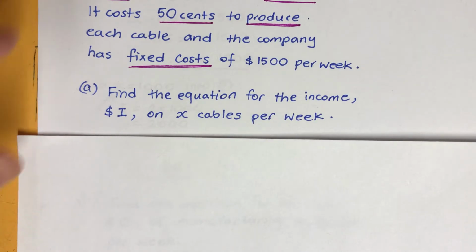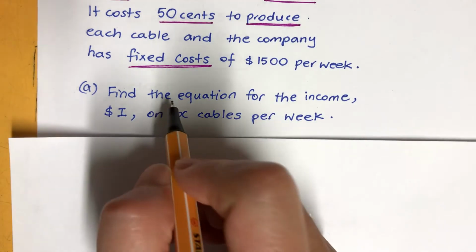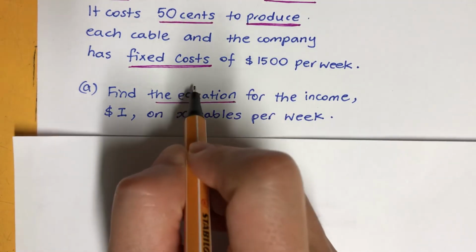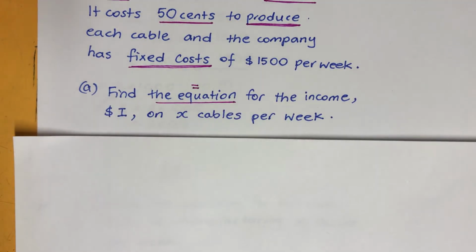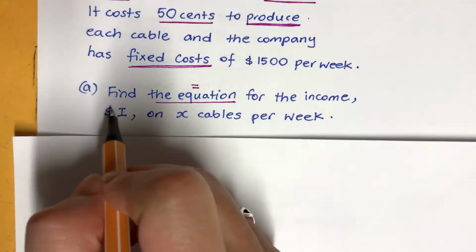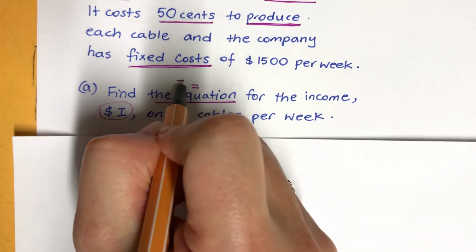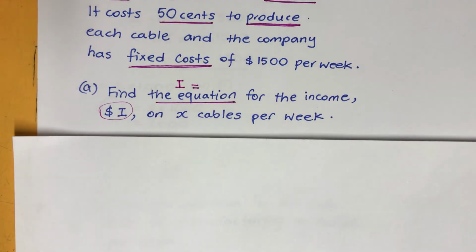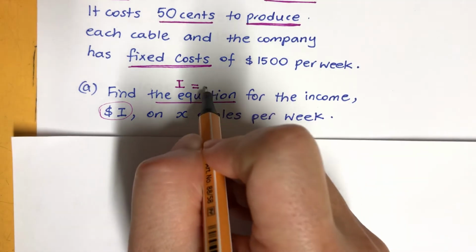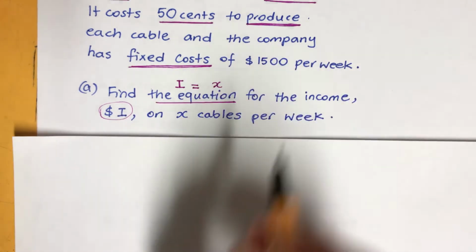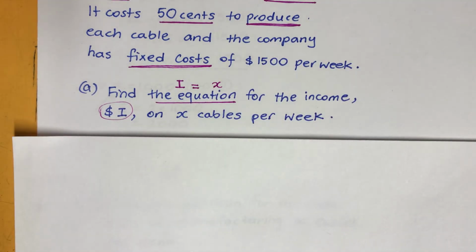Part A, find the equation. So we need to find the equation, something equals something. Equation for the income, which is given us the symbol I here. So we got income equals, on X cables per week, something to do with X. Now we need to know how much it costs to produce a cable.